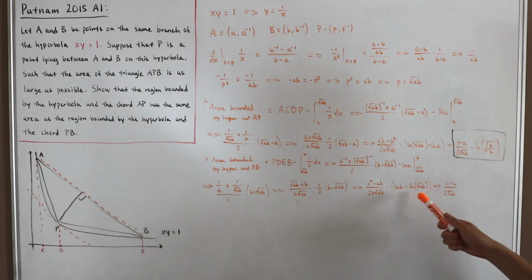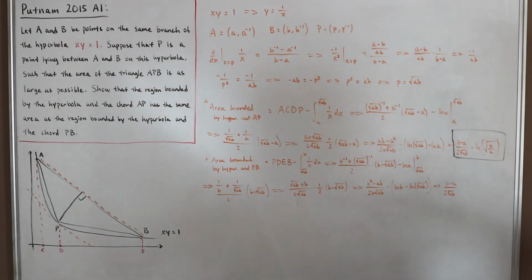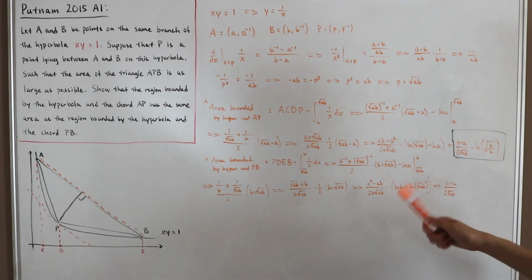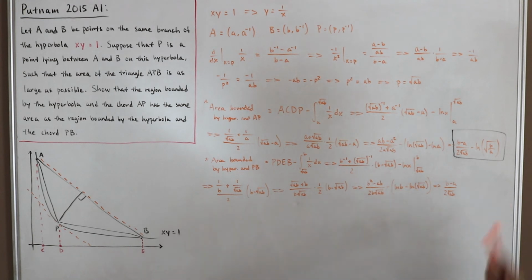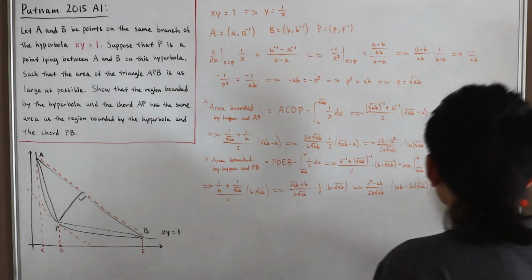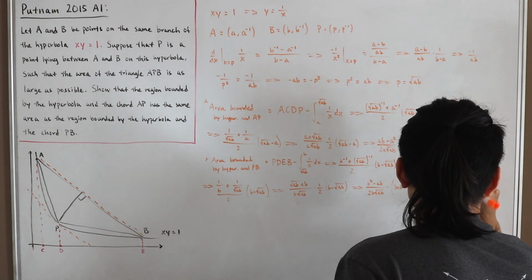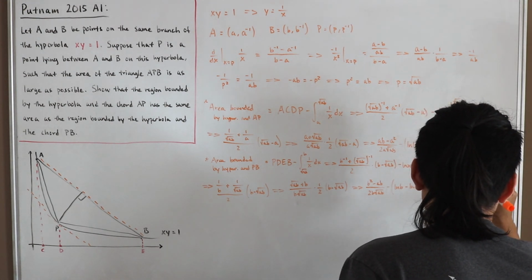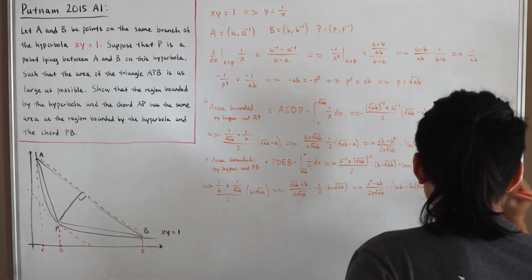So we have ln of B minus ln of the square root of AB, which is, over here, 1/2 ln of A plus 1/2 ln of B. Distribute the negative, so we have positive ln of B minus 1/2 ln of B. So it's positive 1/2 ln of B, and then subtract 1/2 ln of A. Combining this under a single logarithm, this is just the natural log of the square root of B divided by A.